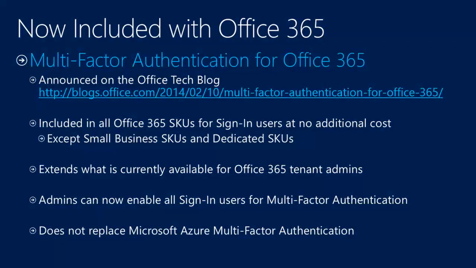Specifically, if you already had Microsoft Azure multi-factor authentication and you add the multi-factor authentication for Office 365, you'll still be licensed for Microsoft Azure multi-factor authentication and still have that pay-as-you-go license. The reason is there's additional functionality with multi-factor authentication, and we don't want to turn that off for people who are using it.